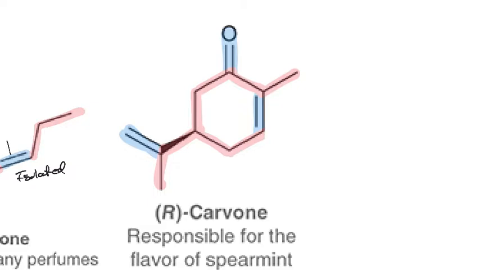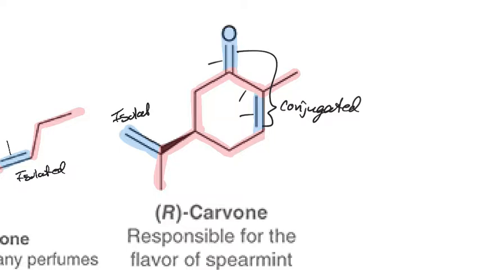You can see that these double bonds here are conjugated because we have double, single, double. And then over here on the left, this one is isolated. There's double, single, single, or double, single, single that way.